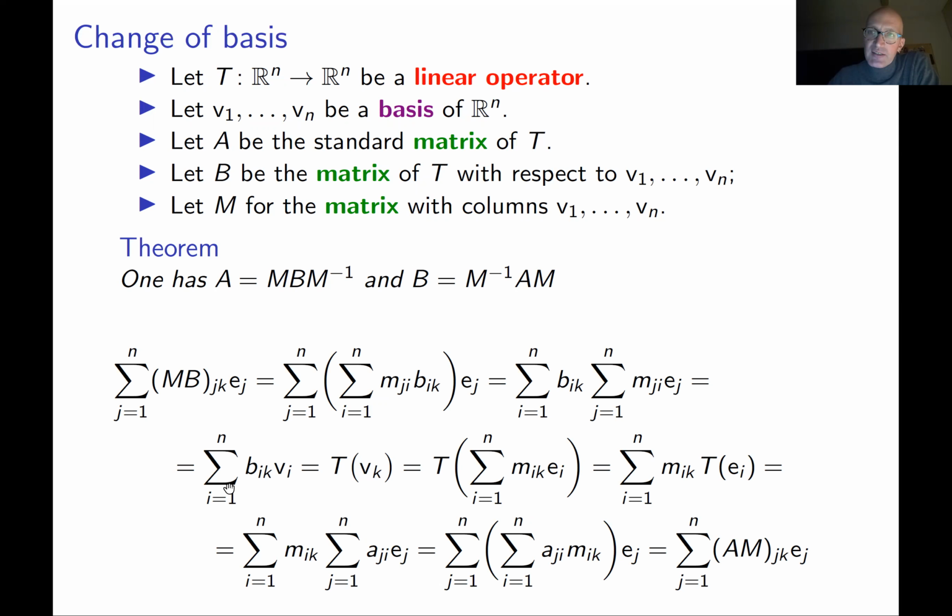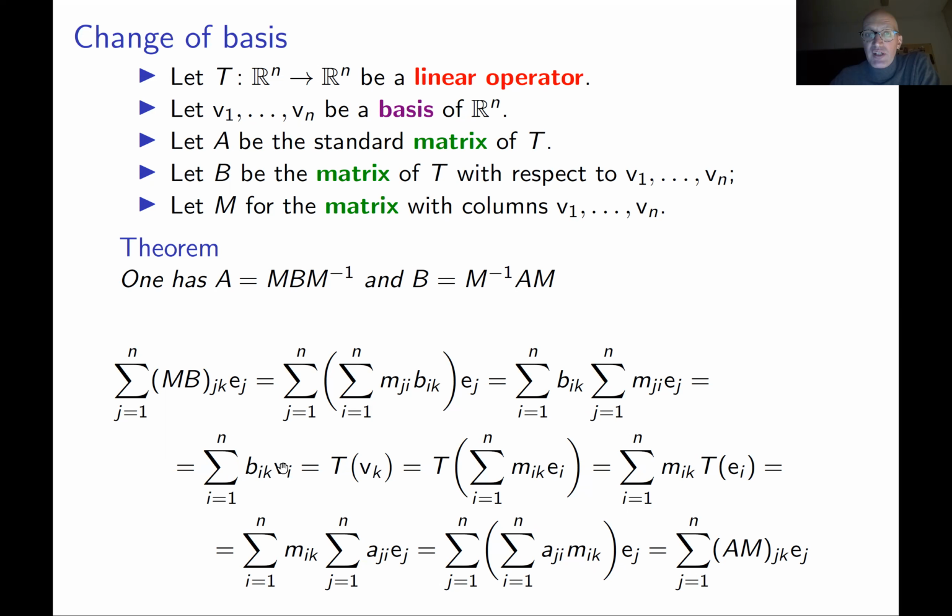This is how we define these numbers b_ij on the first slide, but here these numbers are b_ik. You write it down, but then you decompose every vector vi as a linear combination of standard vectors e1, e2, up to en. And here m_ji are the entries of the matrix M.